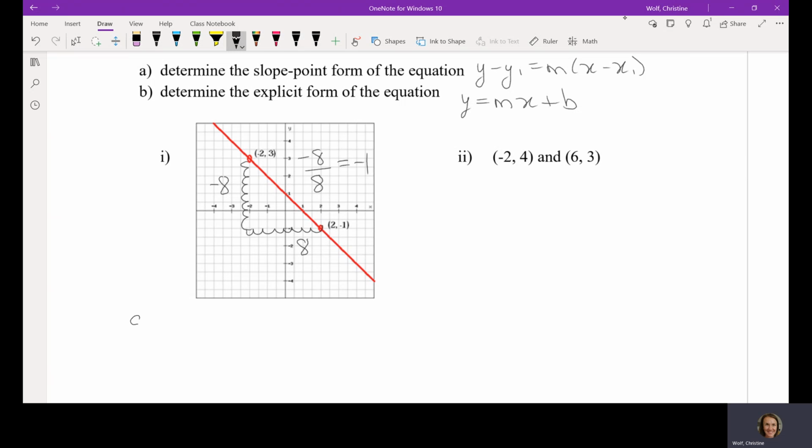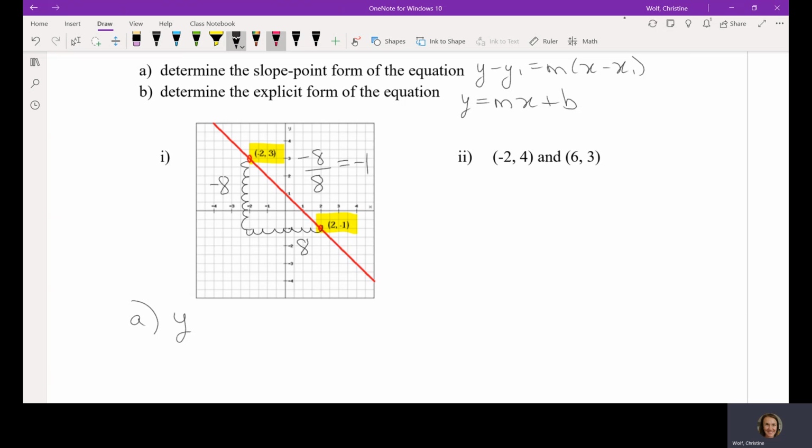So if I start with A, and A is to create the slope point form, hence the title, slope point, I need the slope and I need a point. Do I have a point? Yes, I was given 2 points. So you have options. You can choose whichever point you want to plug into the equation, okay? All right, so I'm doing A here. A is slope point form, which means I start with y.